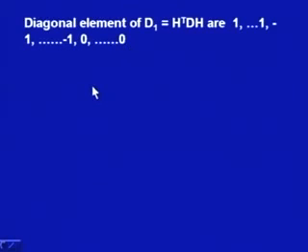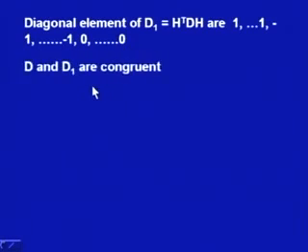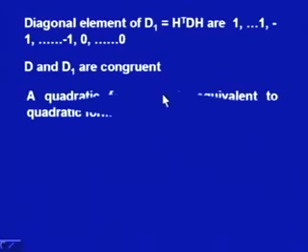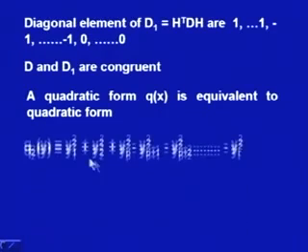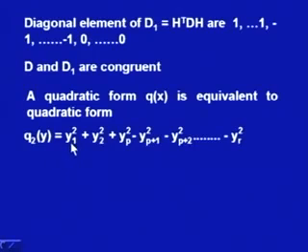So, this way we can write down the diagonal matrix D1, and once we can express D1 like this, we can say that D and D1 are congruent, and that means the given quadratic Qx is equivalent to a quadratic form Q2y, which is equal to y1 square plus y2 square plus ... plus yp square, the positive terms, minus yp plus 1 square minus yp plus 2 square up to yr square, the negative terms.